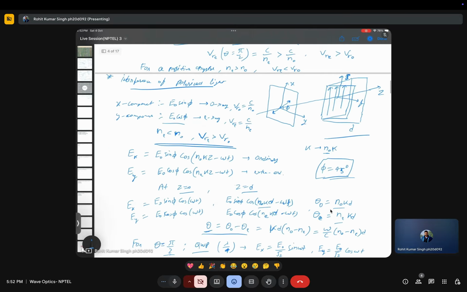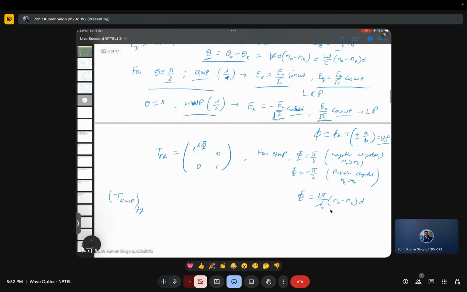Here I denoted the y-axis as the fast axis, so if you put pi by 2 here, you will get the matrix 1 0, 0 i. So this is the Jones matrix for a quarter wave plate, and similarly you can write a Jones matrix when you have the slow axis in the y direction, so you will get minus i, okay.